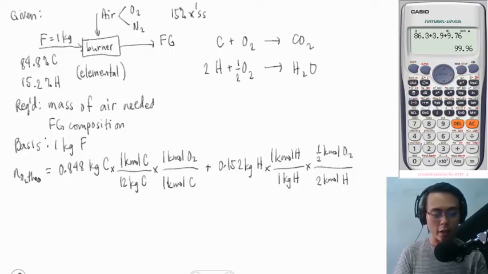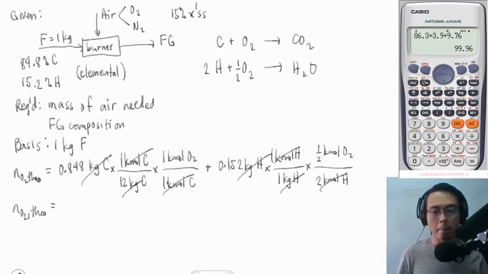And if you take a look at the cancellation of units, you will be left with kilomoles of oxygen, which is our target. So our O2 theo is 0.848 divided by 12 plus 0.152 divided by 4.